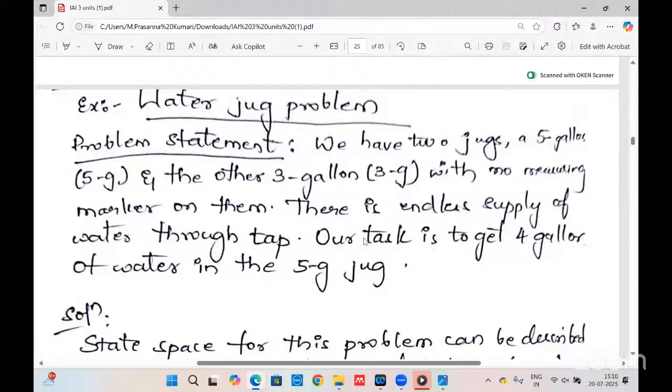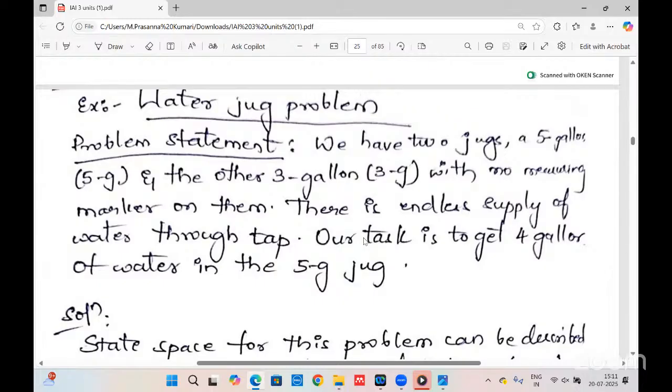Stop talking. So what is he having? He is having two jugs. The two jugs don't contain measurement. Actually, for a measuring jar, usually we have 0 liters, 1 liter, 2 liters, like this.